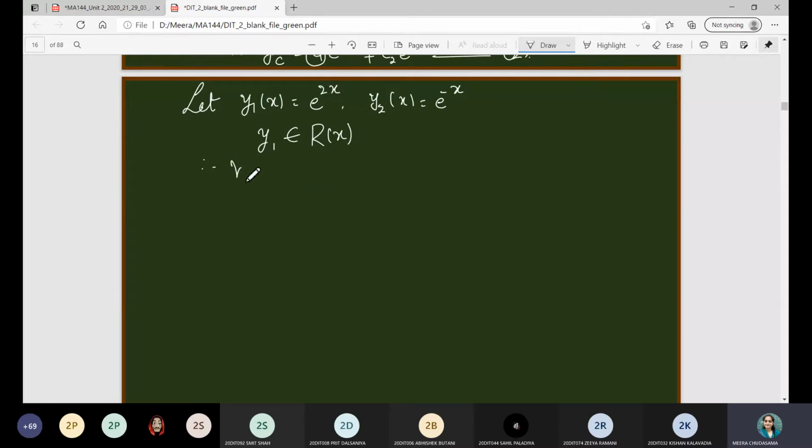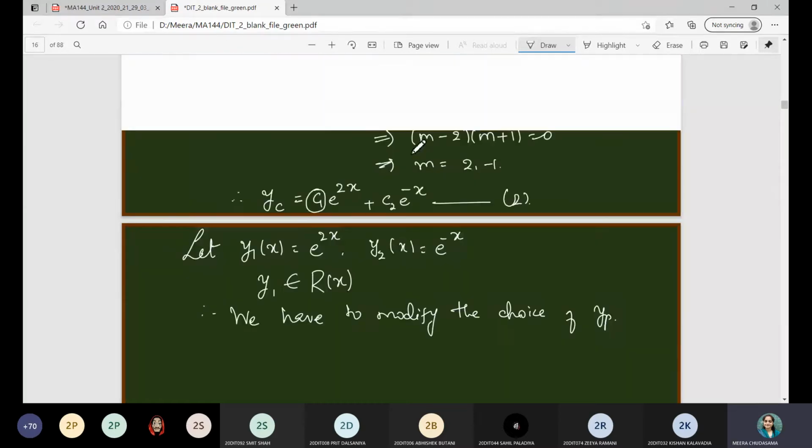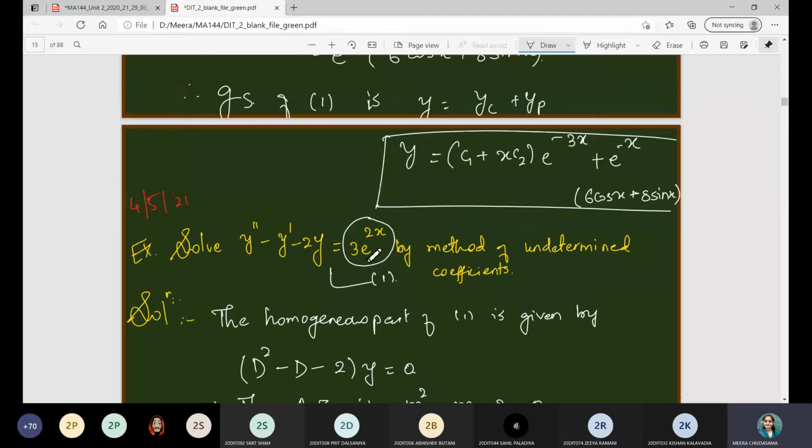Therefore we have to modify the choice of yp. So what would the choice be? The right hand side function is e raised to 2x, so a into e raised to 2x.